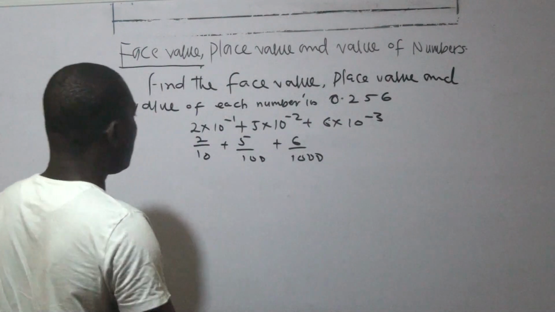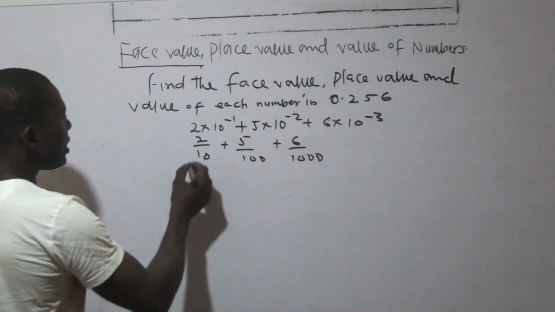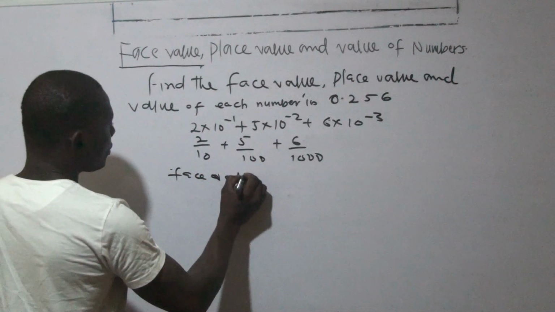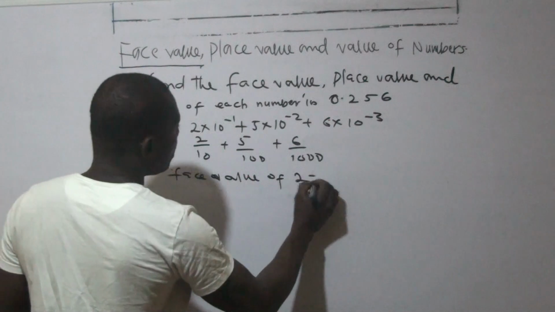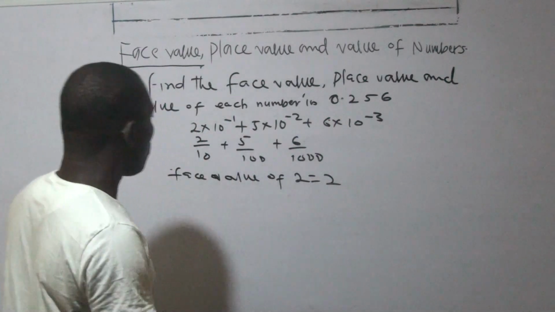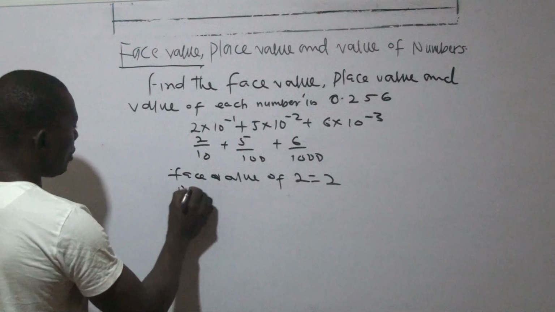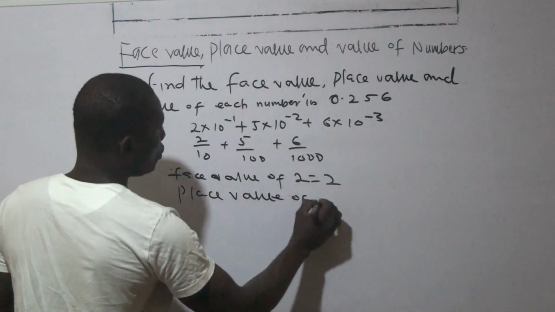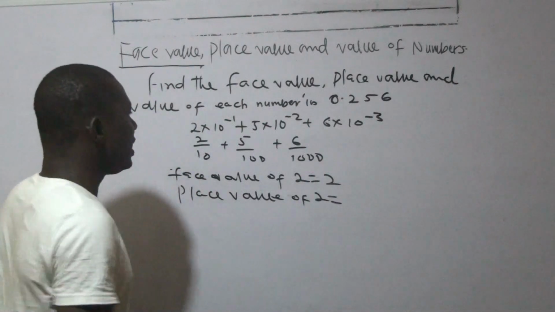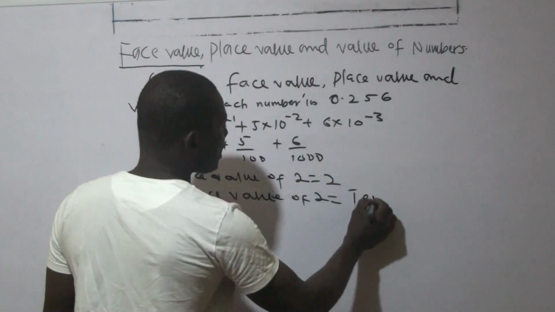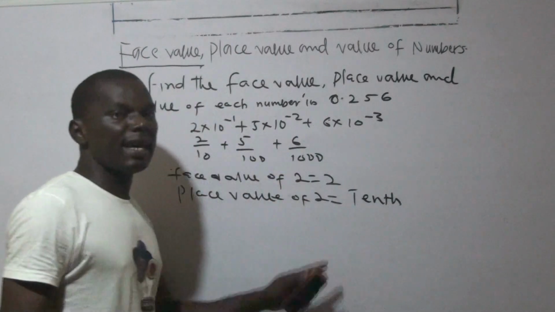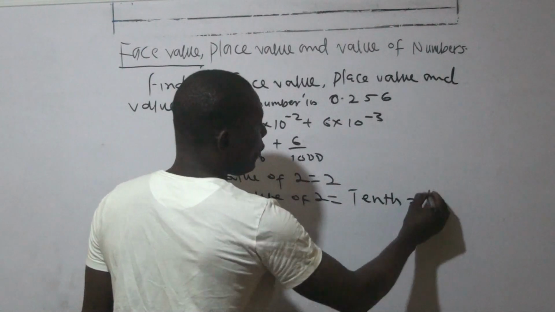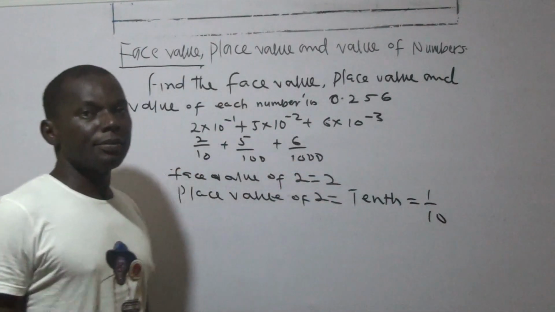But here, if we say what is the face value of 2? Face value of 2 is 2. It doesn't change. Then what will be the place value of 2? The place value of 2 is tenth. You add th, tenth, or in figure is 1 over 10.